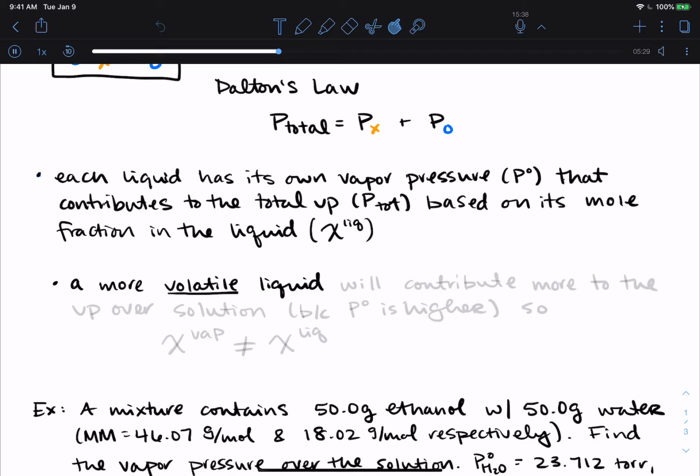So volatile just means that it evaporates easily. So you could imagine, if we try to put that in terms of what we're going to look at in this section, it means that it has a higher vapor pressure just as a pure vapor pressure. So this more volatile liquid will contribute more to the vapor pressure over the solution.